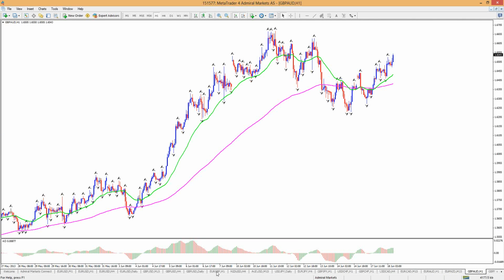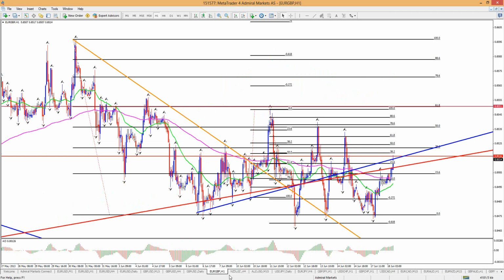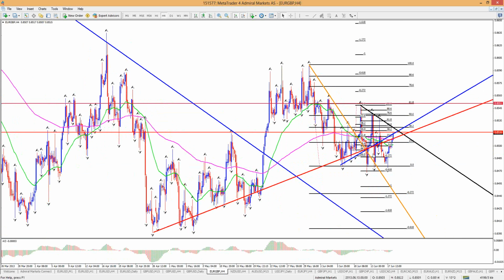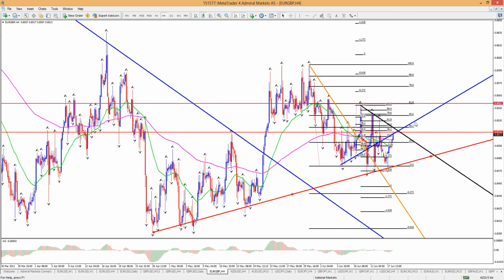Let me take a look at Euro Pound as well. So Euro Pound is moving up, but then again, it is approaching this resistance line. And that's a pretty big wedge, as you can see. It's just a massive wedge, actually. I mean, tons of lines you can draw on here.